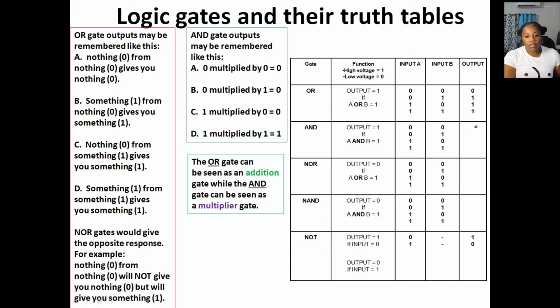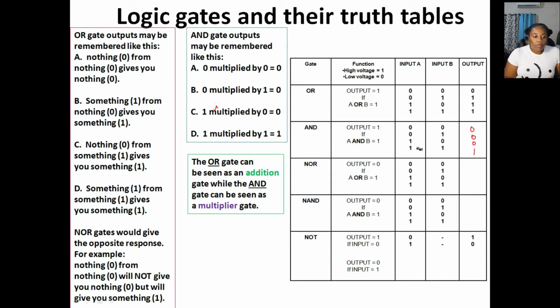You just have 0 times 0 is 0, 0 times 1 is 0, 1 times 0 is 0, 1 times 1 is 1. So I guess they want us to fill them in. So 0 times 0, 0, 0 times 1, 0, 1 times 0, 0, 1 times 1, 1.